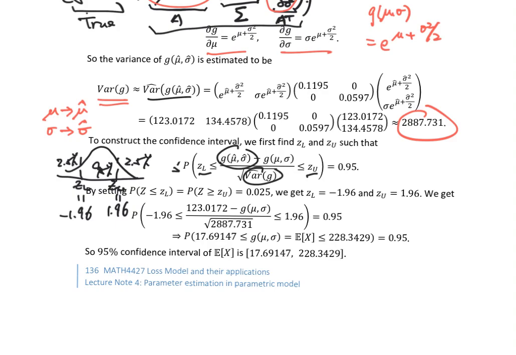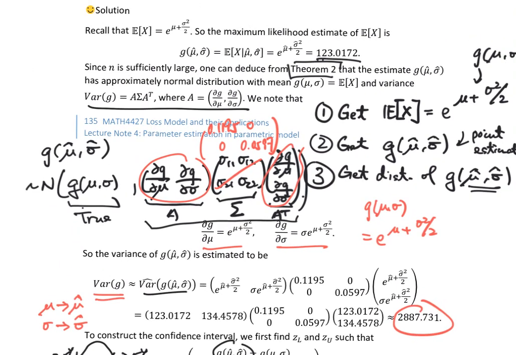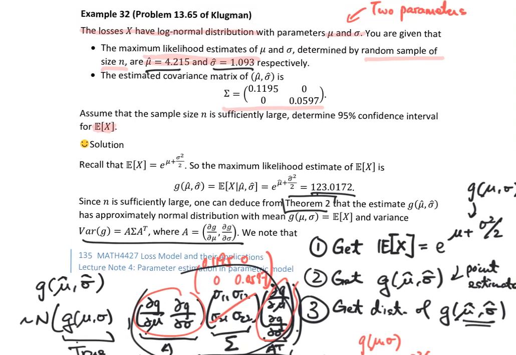The only difference is that because you have multiple parameters, the variance of this estimate will be more complicated, and you have to do that patiently. Of course in this example, I have done a couple of simplifications, like I give you the MLE and the covariance matrix as well.